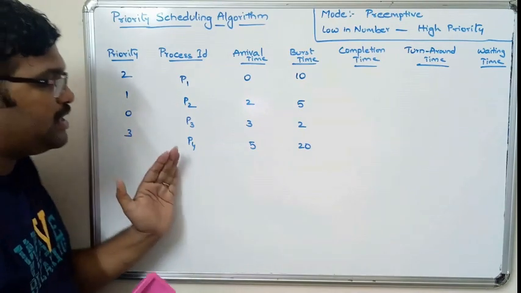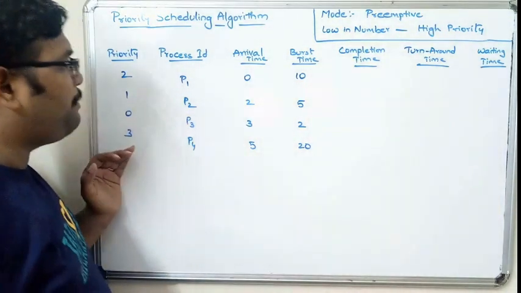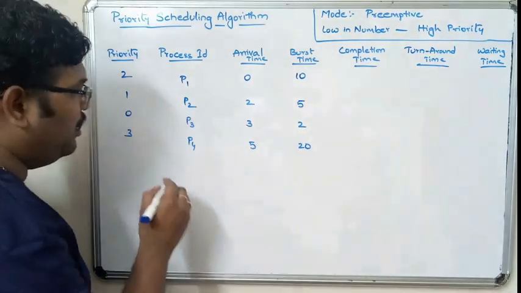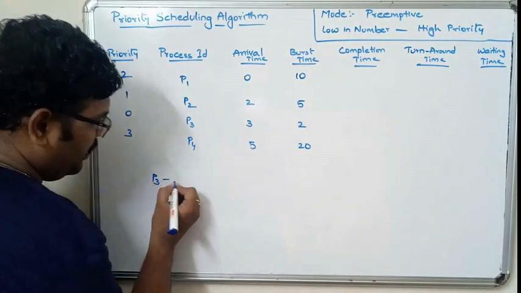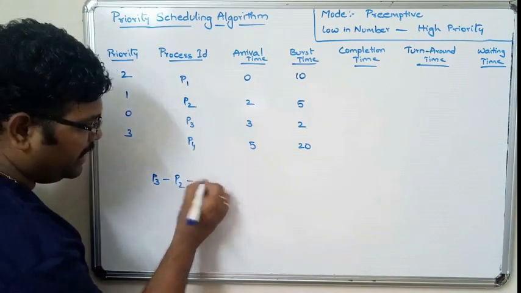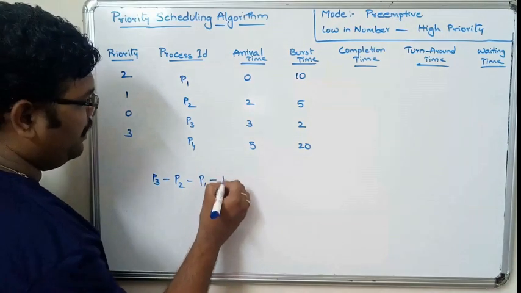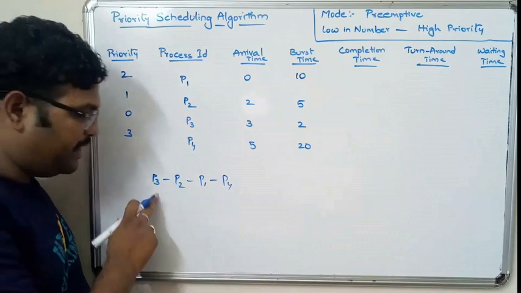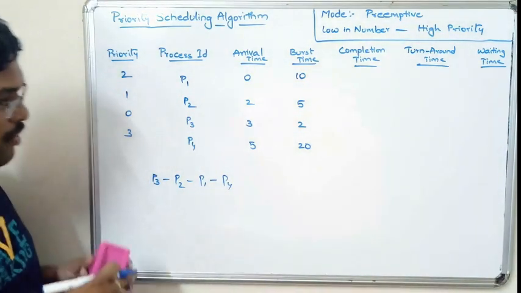So here we have taken 4 processes, their arrival time and burst time and their priority. So in this example, we can say that P3 is having the highest priority, then P2, then P1, then P4. So among the 4 processes, P3, P2, P1, P4, based upon the priority, right?